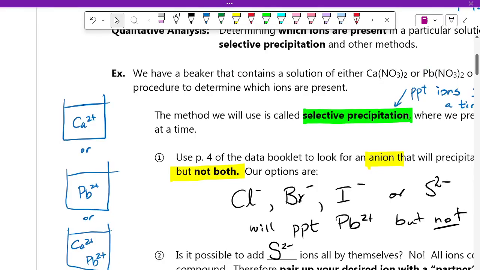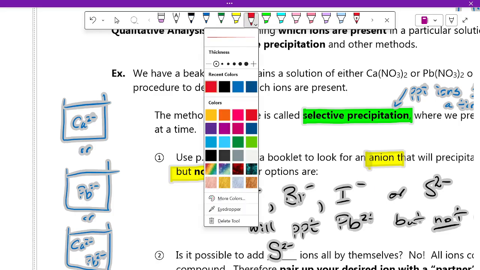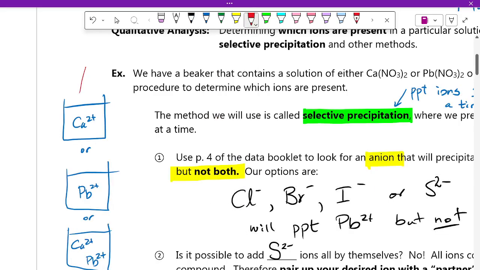So I put in some Na2S, I put in some Na2S, I put in some Na2S. If I had calcium, what would I see?